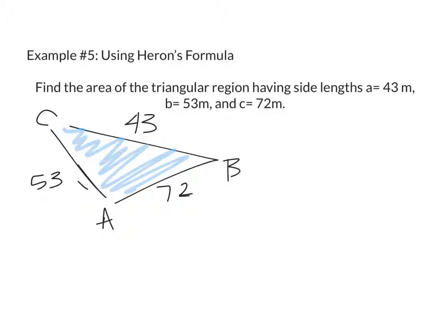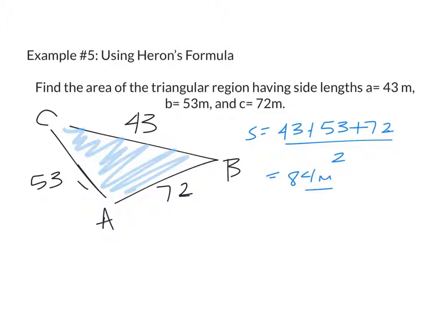We need to first find S. S, again, is the sum of all the sides divided by 2. So S would be 43 plus 53 plus 72 divided by 2. That gives us 84 meters.